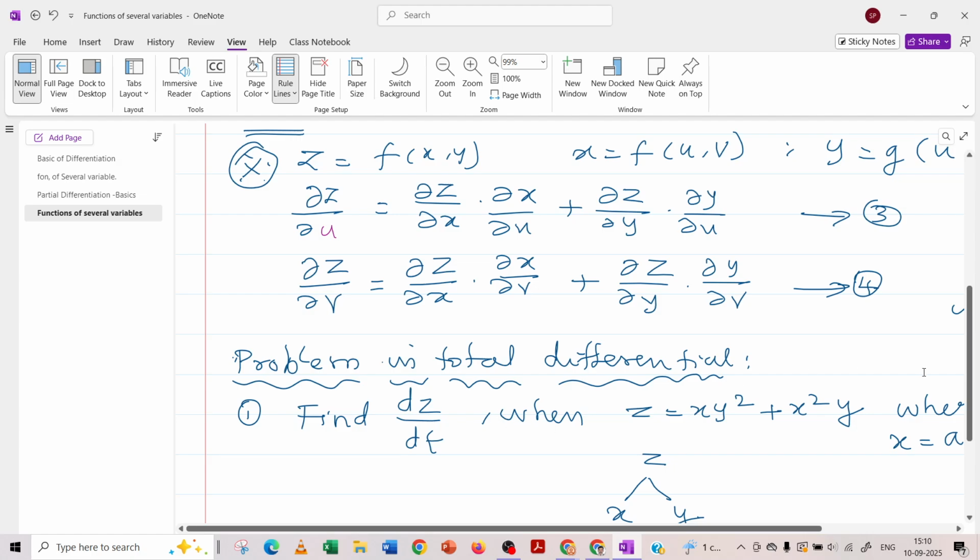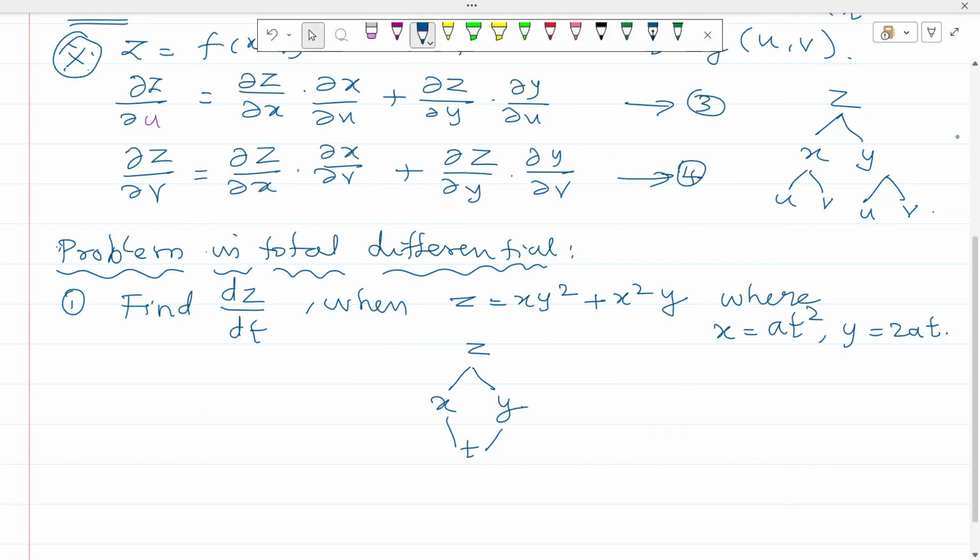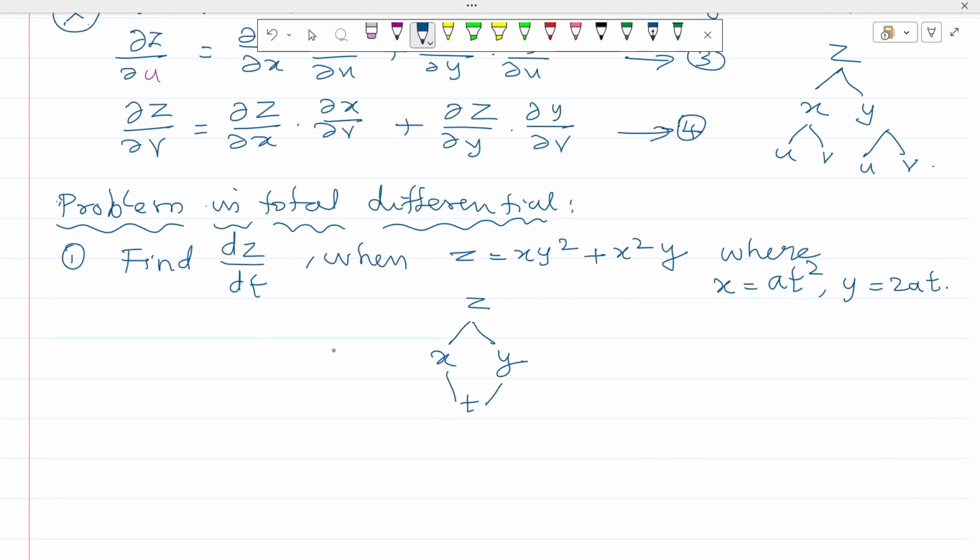So see the problem here. Find dz by dt when z equals xy square plus x square y. This is a very simple problem. Z is the function of x and y, x is the function of t, y is the function of t. At the time, you can find dou z by dou x, dou z by dou y.